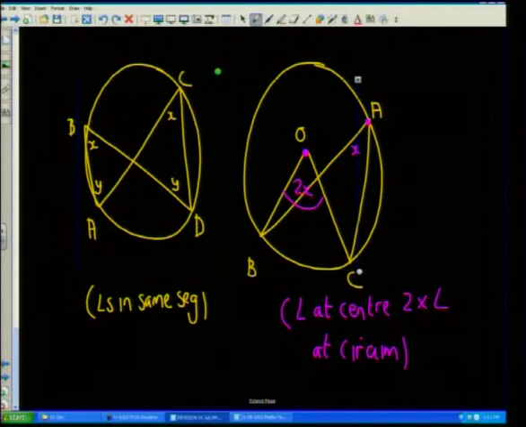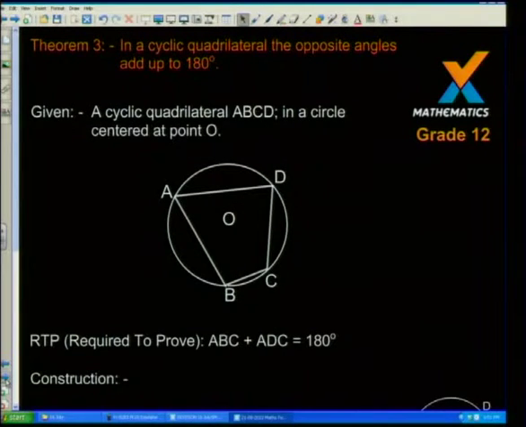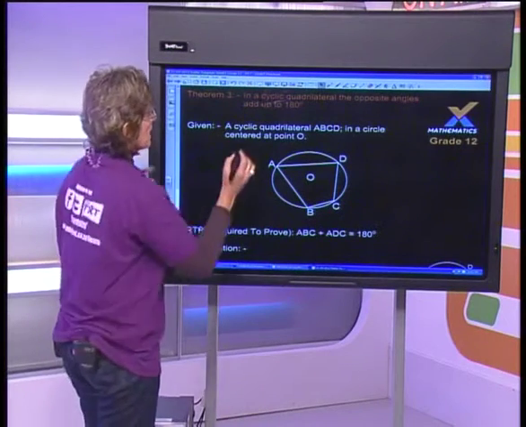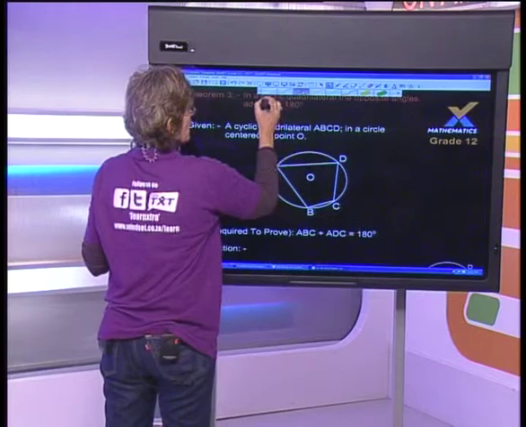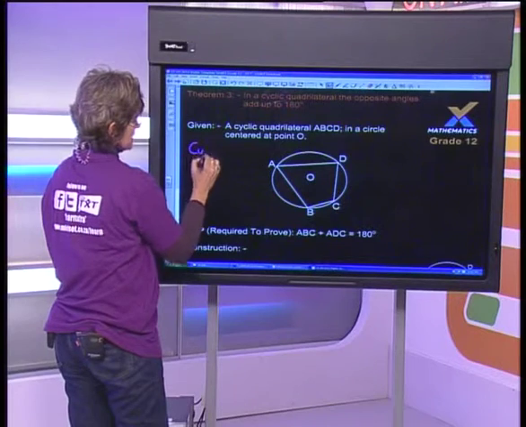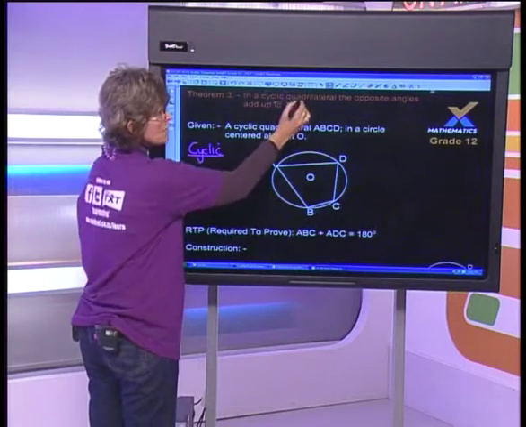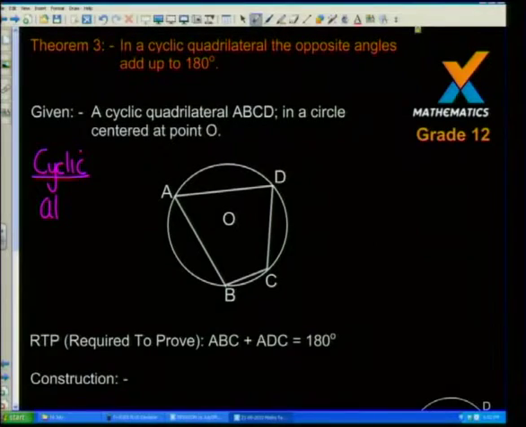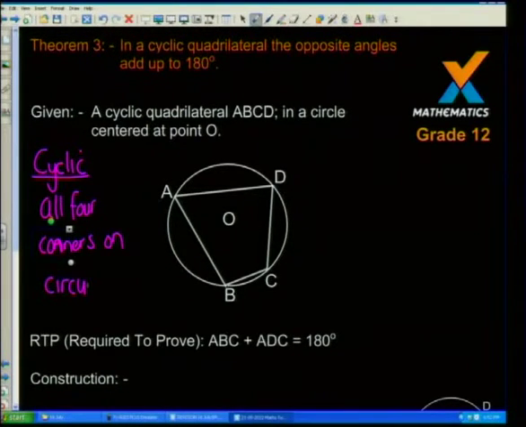Right, we're now moving on to the next body of theory, which is all about cyclic quads. Now, this is a new word for you, cyclic. Cyclic means that you've got a quadrilateral with all 4 corners on the circumference of the same circle.